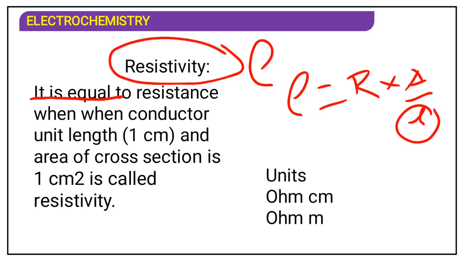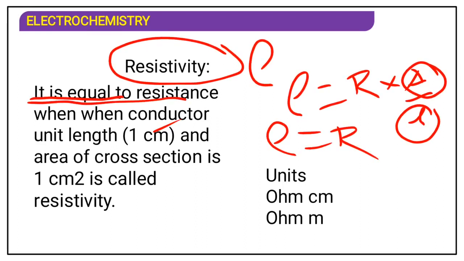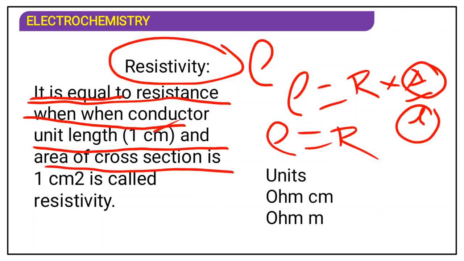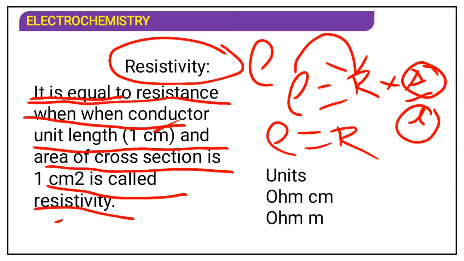Here the length is 1 centimeter, and the area of cross section of that electrolytic solution is 1 centimeter square. Then rho is equal to R. So resistivity is the resistance of a conductor when the length is 1 centimeter and the area of cross section is 1 centimeter square.